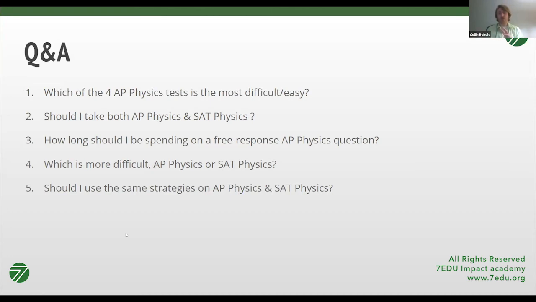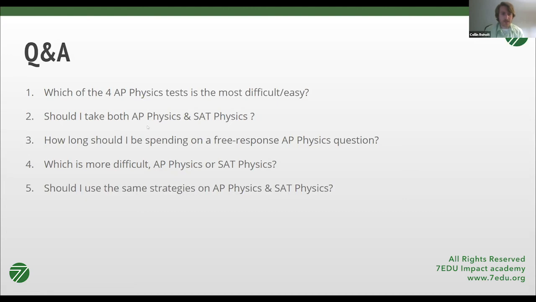But if you are a person who has very strong mathematical skills, calculus is no big deal for you, and you're great at analyzing equations, but you don't do as well with reading questions and picking out small pieces of information, Physics C might actually be easier for you than Physics 1 and 2. Physics 1 and 2, like I said, put an even stronger emphasis on laboratory skills and being able to analyze things that way.